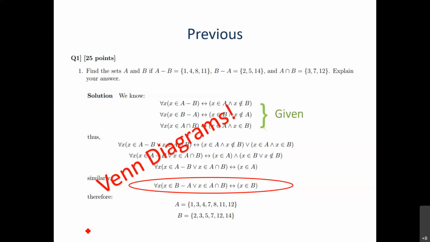Yes. Just use Venn diagrams, right? It could have been so much simpler. Just draw the Venn diagram. This is A, this is B, and you have all the information. Just fill in what A minus B is, what B minus A is, the intersection, and there you go. That's your proof. That's enough proof.